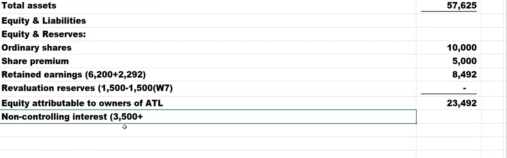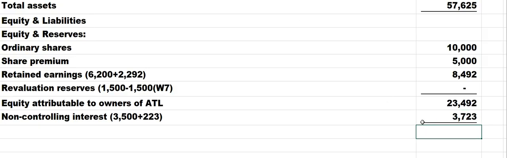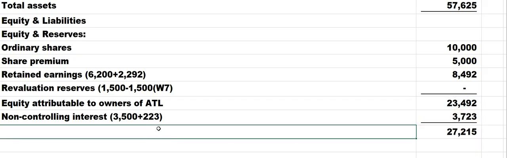Their share is 223. 3500 plus 223 is 3723. So I can get my total equity, which is this plus this. That's total equity.